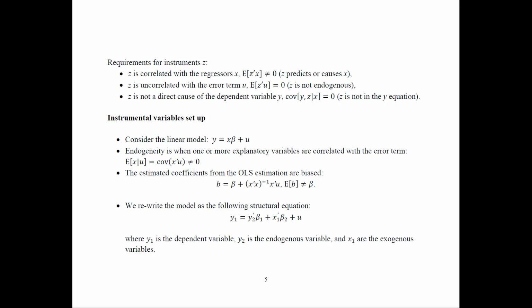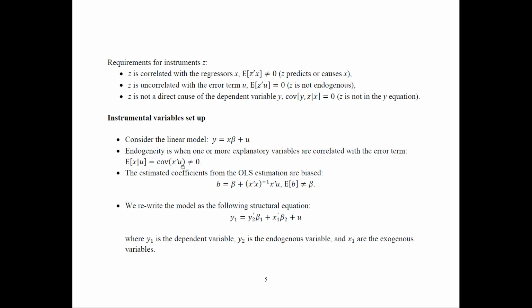So let's go ahead and talk about the instrumental variable setup. First of all, consider the linear regression model, y equals x beta plus u, right here. And this is the normal equation for an OLS or linear regression. The endogeneity, again, would be when one or more of the independent variables are correlated with the error term, and here we would have that covariance not being equal to 0.